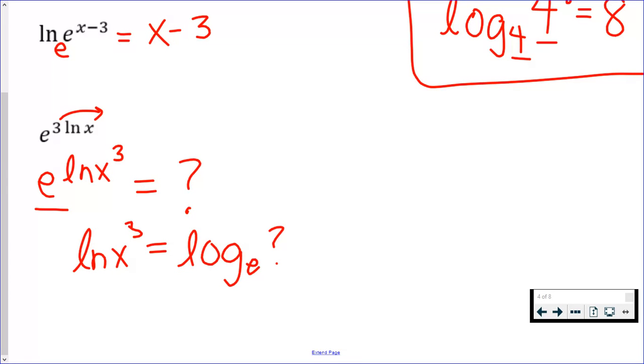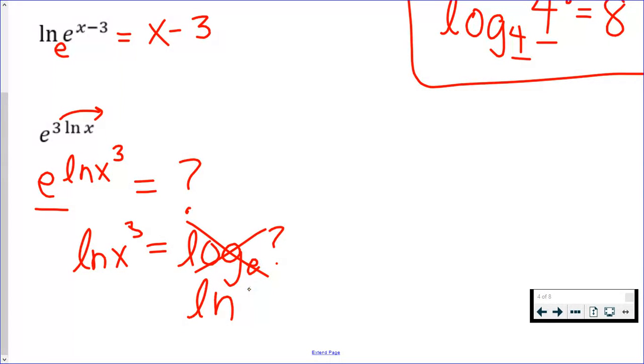That's a 3. Now, if you have a log with a base of e, we do not write log base e. A log with a base of e is what we call the natural log. So I'm not going to write it like this. I'm just going to write ln for natural log.